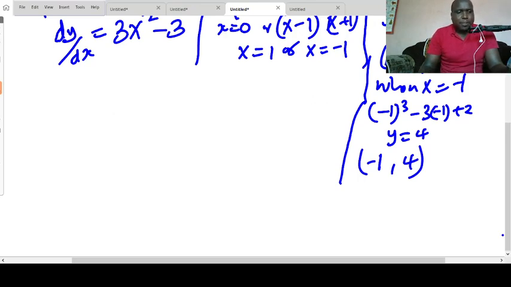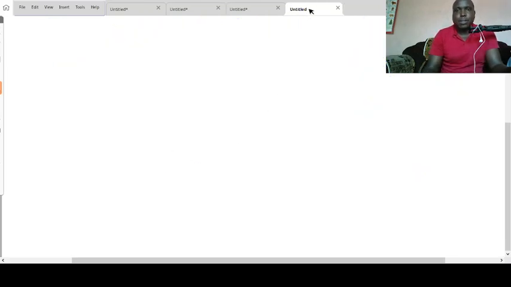To determine which stationary point is maximum, minimum or point of inflection, we are going to draw a table like you can see here. At the point (-1, 4), we want to check whether this one is maximum or minimum.